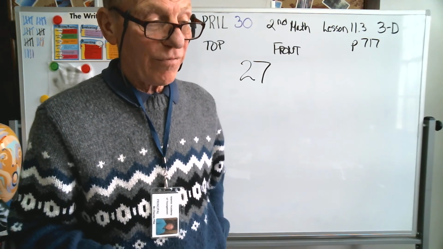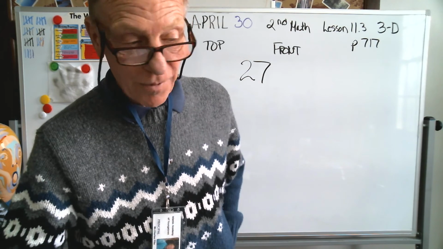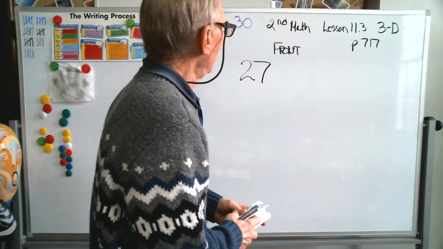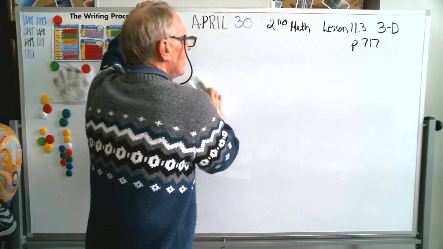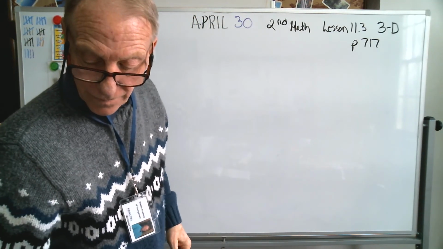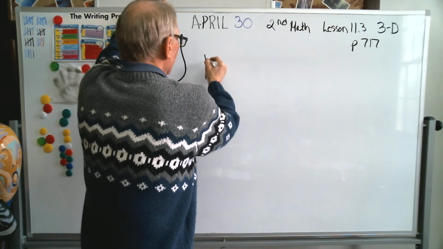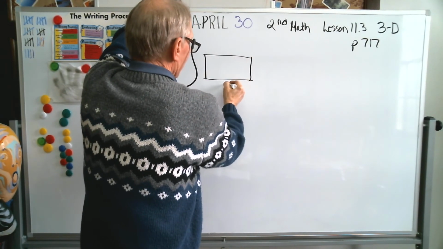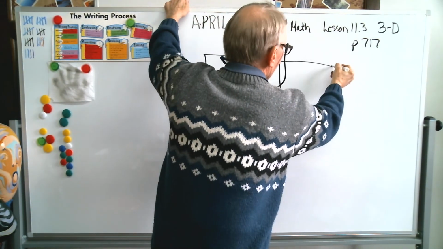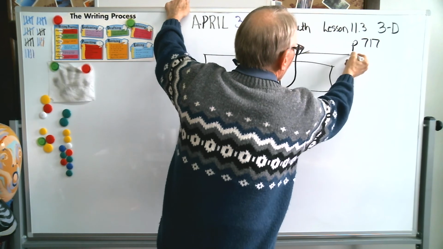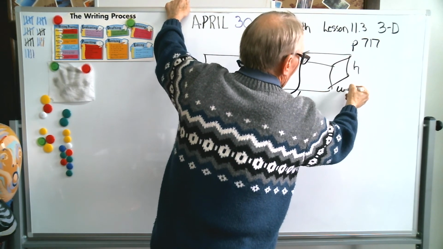Lesson 11.4 we're going to do next, and that's 2-dimensional shapes. And you remember the difference between 2-dimensional and 3-dimensional are the number of dimensions. 2-dimensional has a length and a height. 3-dimensional has a length, a height, and a width.